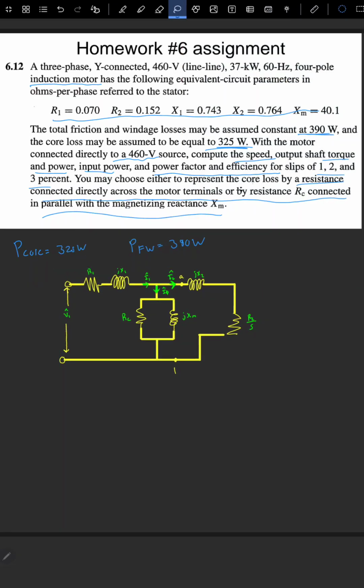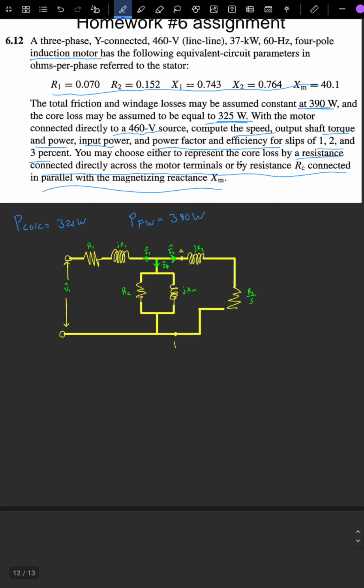Now, starting with the way he did in class, RC isn't given. RC is just not here in case 1.